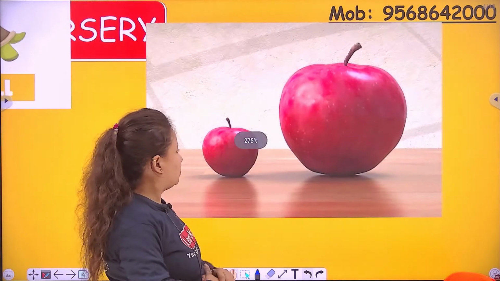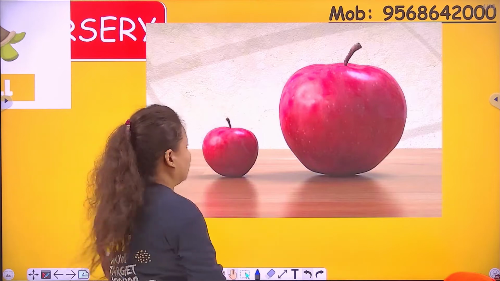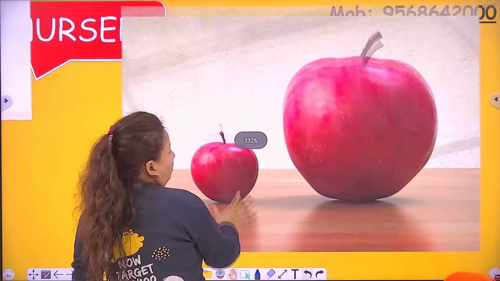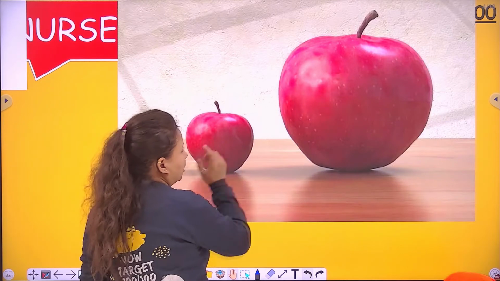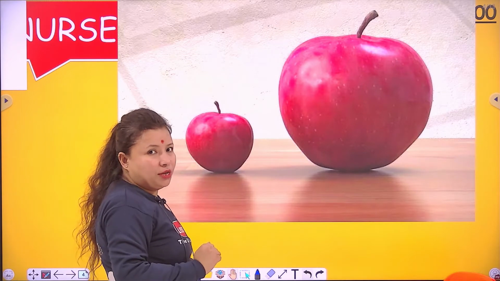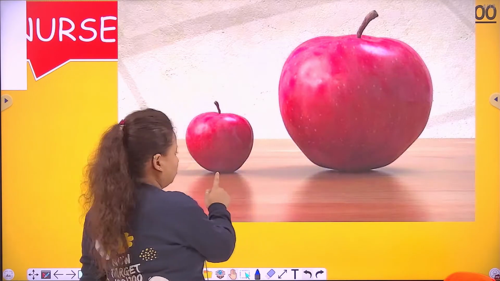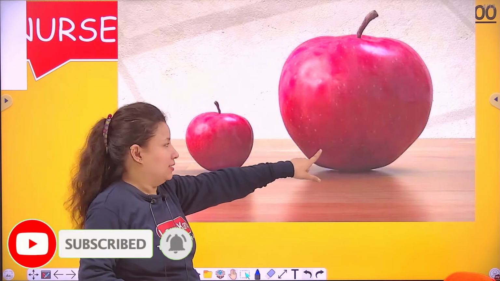Now look at this. Which fruit is this? Apple. So both are apples, but the difference? Big, small. Now which one is big? This one or this one? This one? Excellent.